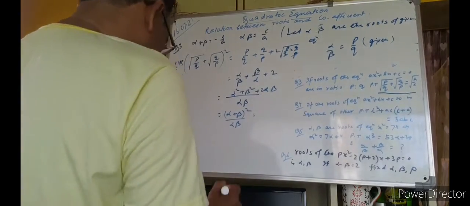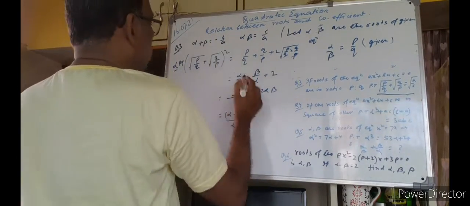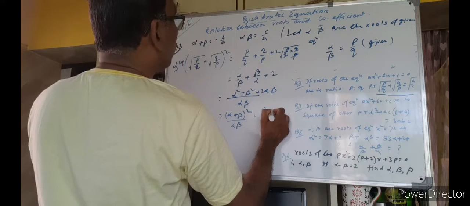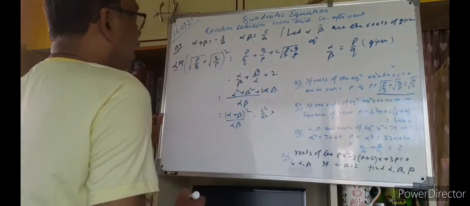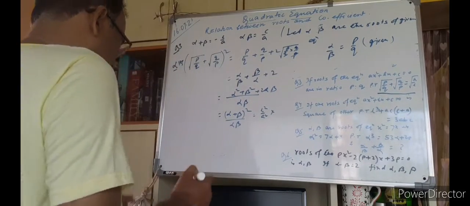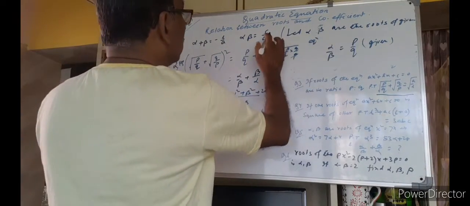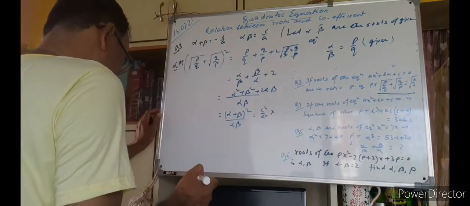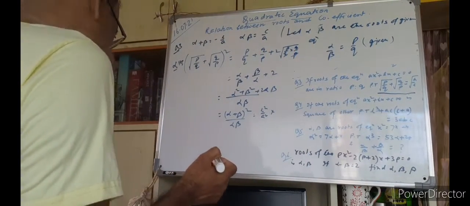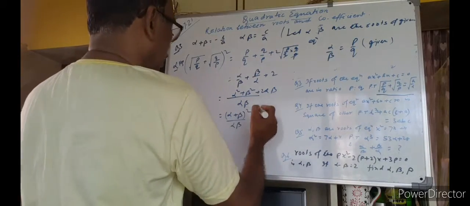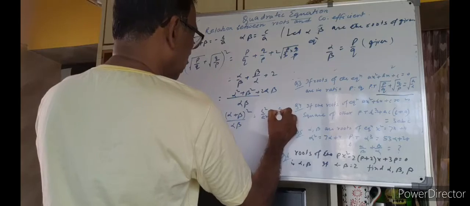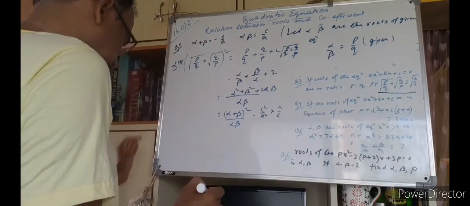Alpha plus beta whole square is b square by a square, and alpha beta value is c by a. So b square by a square into a by c.